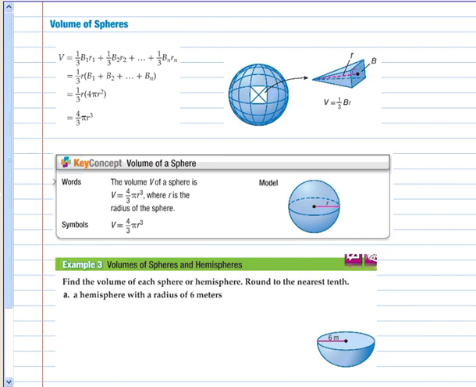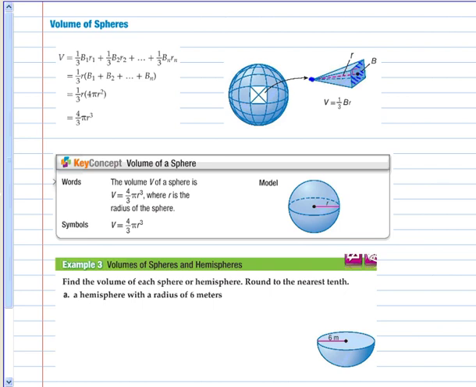If you take a sphere and you are able to cut it up by making little pyramids, the vertex of each pyramid is the center of that sphere. Now this outside surface is not exactly flat.